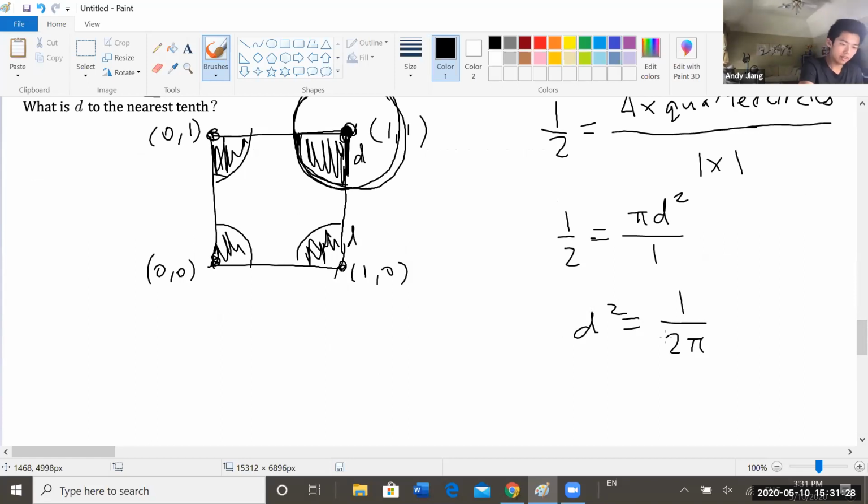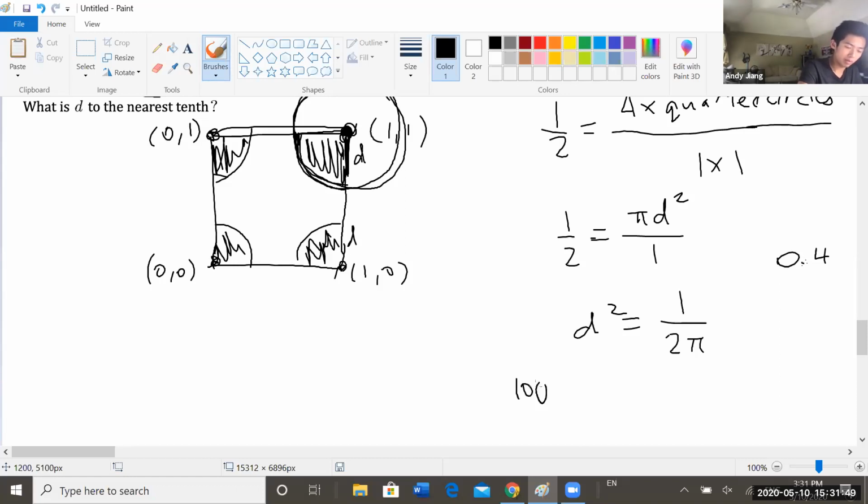And I know d is going to be less than 1 for sure, because the side length of the square is 1. So it's going to be like 0.4 around. If you drew a good diagram, then 0.4 would actually give you the answer. Otherwise, you can approximate what 1 over 2 pi is.